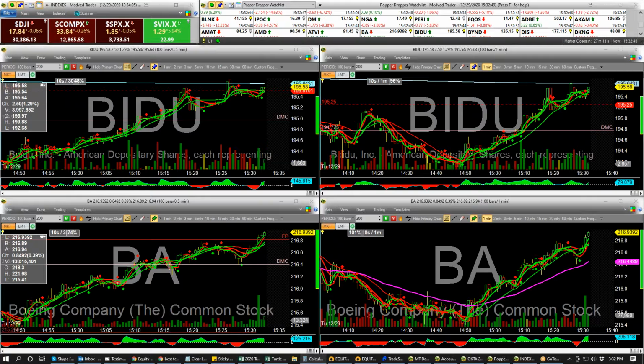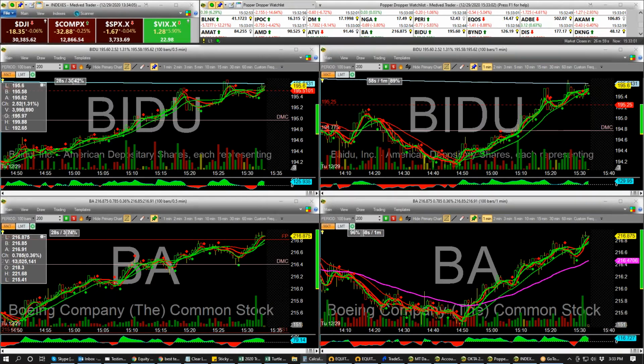I used to love that 8 minute back in the old days. 8 or 10 I think are just good time frames for seeing intra-day trend. So Baidu, we're coming right up to VWAP. So maybe at VWAP we roll over.